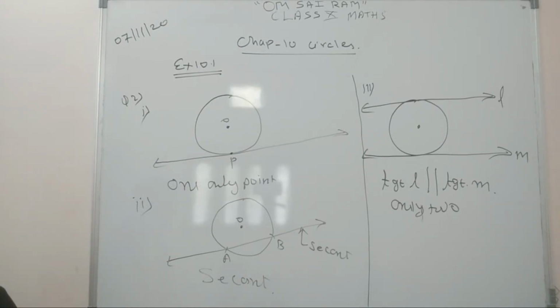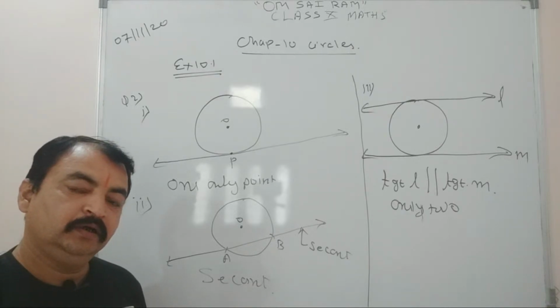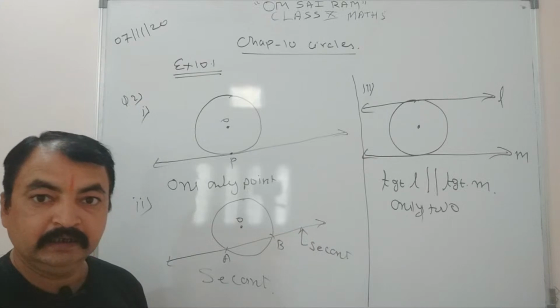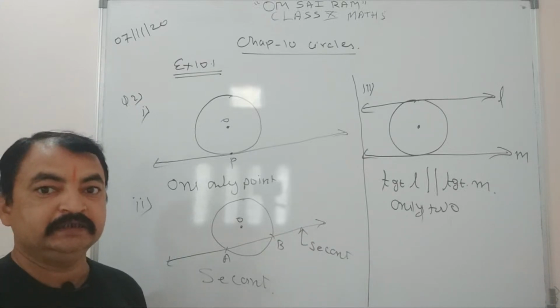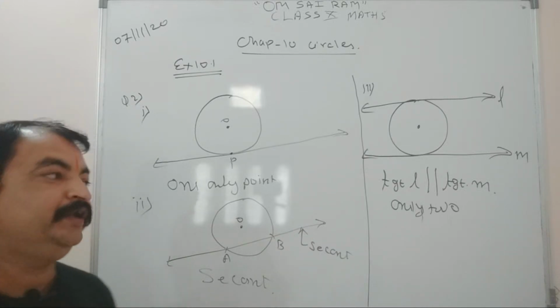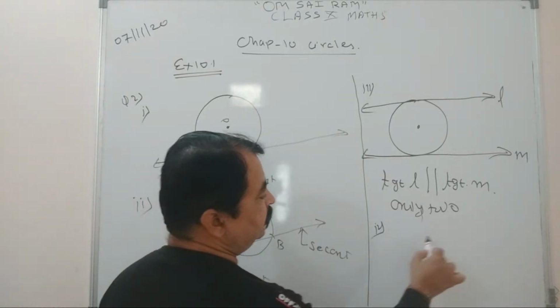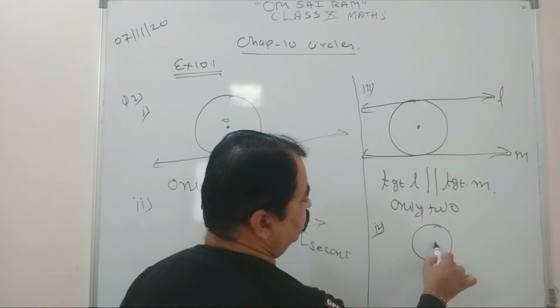Now we proceed to the next question, that is question number 4. What does the 4 say? The common point of a tangent to a circle and the circle is called what? Raj Singh, very good. It is the point of contact. Yesterday we have seen this definition.